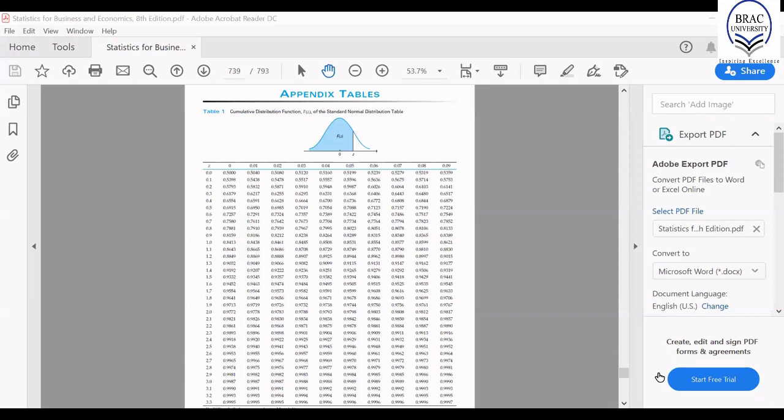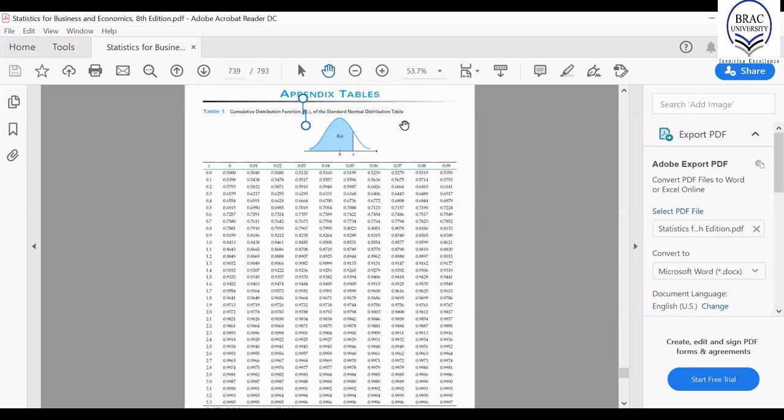Now, if you all open your book and quickly go to page number 739, in the appendix of the tables, table number 1 is your cumulative distribution function, or F(Z). That means it records the cumulative probabilities till the outcome which is specified. In our case, Z is equals to 2.